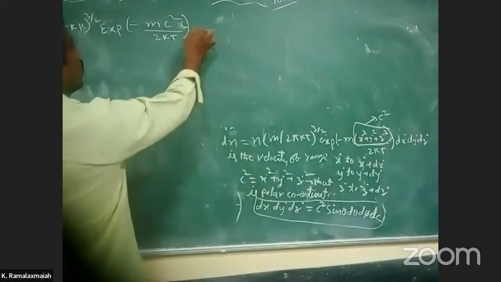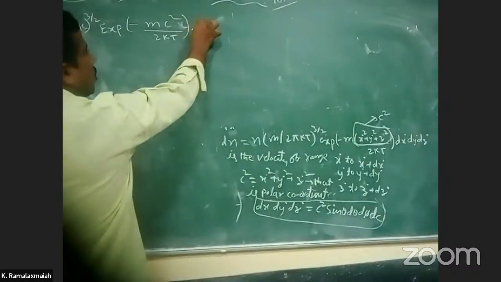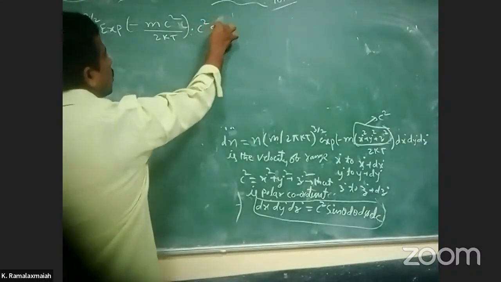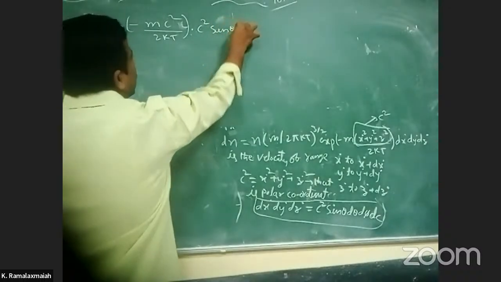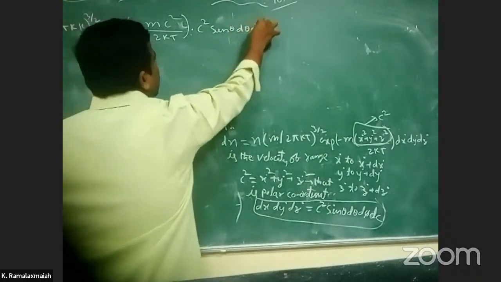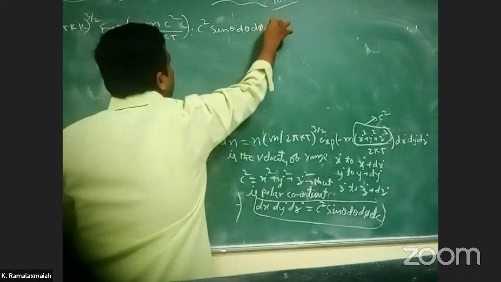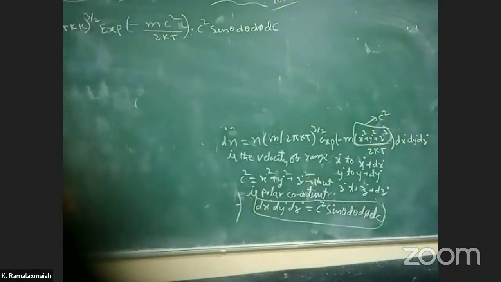Substitute this into c square sin theta d theta d phi dc.